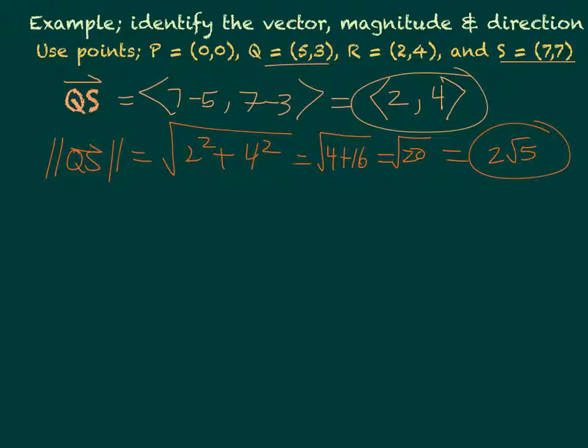And finally, we need to find our theta, our direction, which is going to be equal to our inverse tangent of something. So that's where we need to sketch out our graph. So we have the point 5, 3.